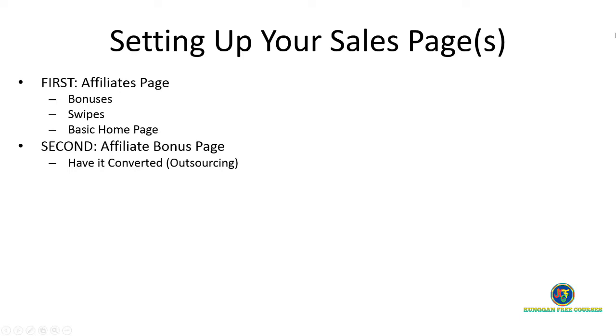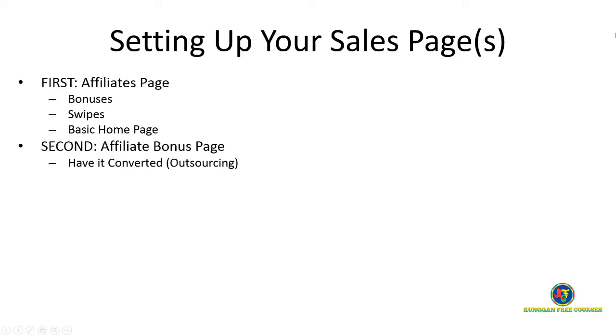Now there is one thing I want to tell you about this: some affiliates do not have WordPress and they don't want to use your bonus page. So you're going to have your bonus page converted to HTML. I know a guy that does it for me for $15, and he's happy to get it. So it's not a lot of money.